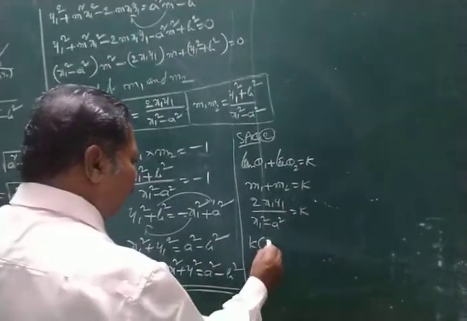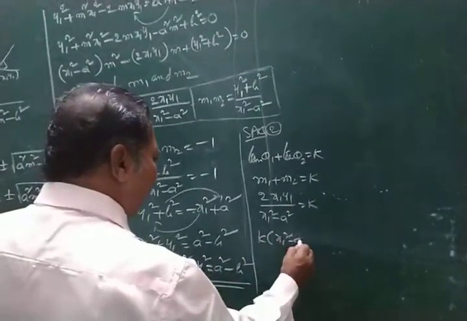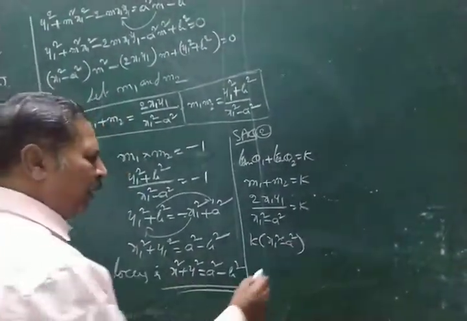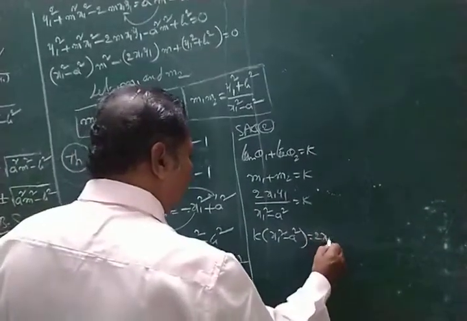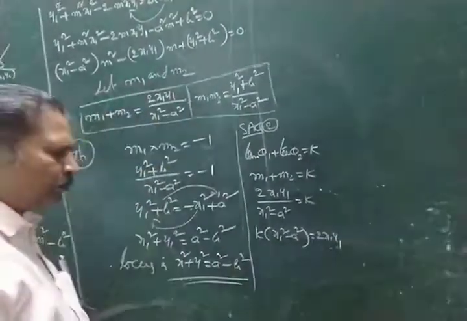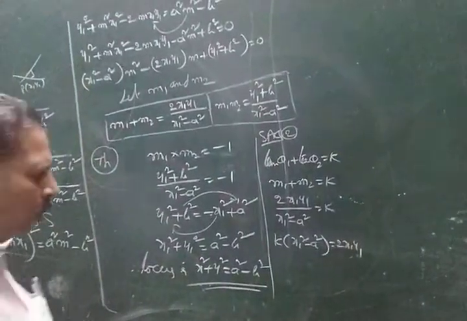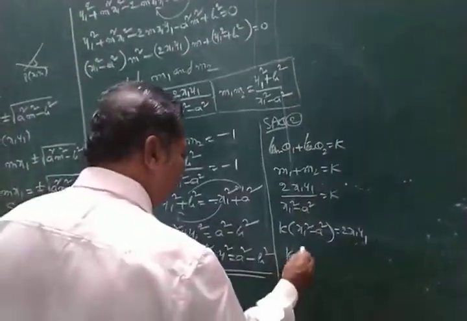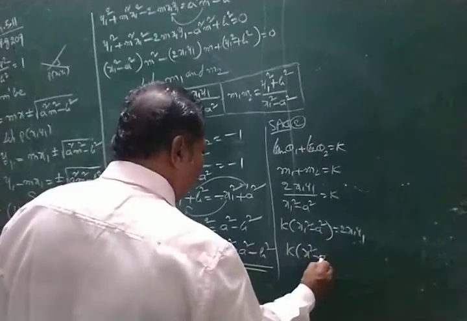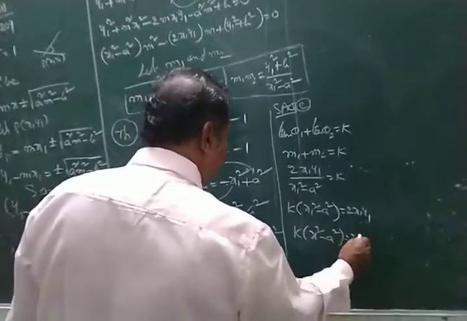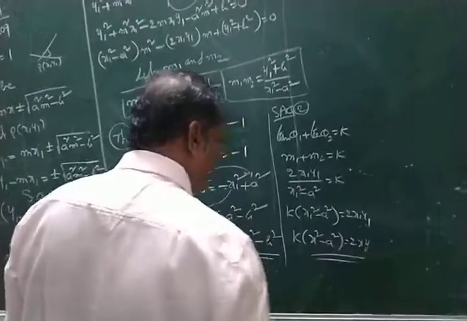So k into x1 square minus a square equals 2 x1 y1. Therefore, locus is k.